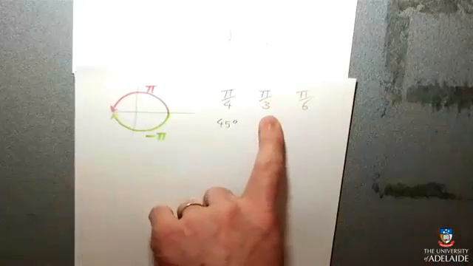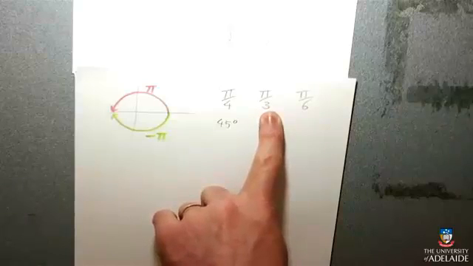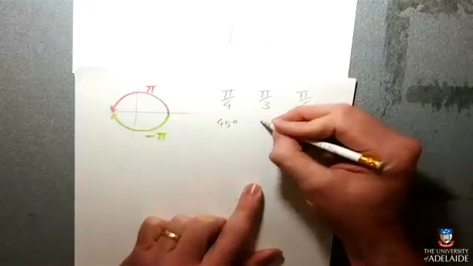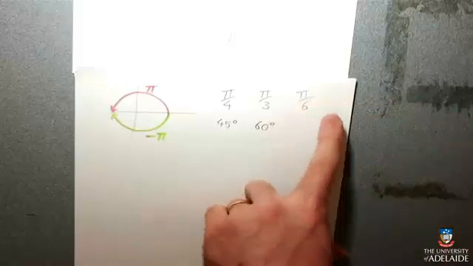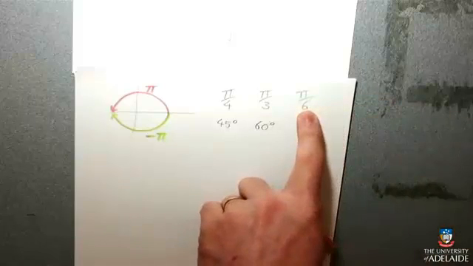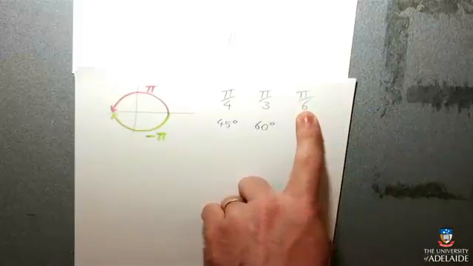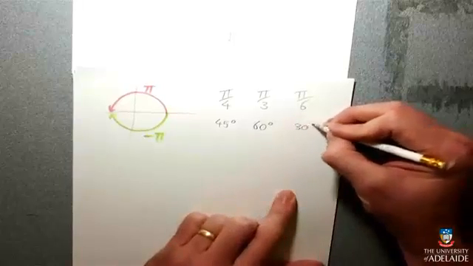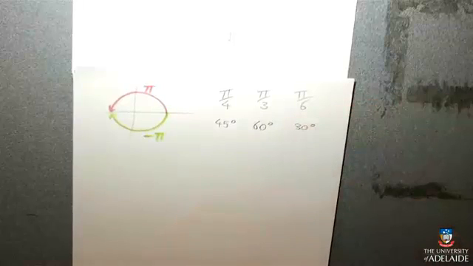Pi is 180, and we want a third of 180, which is 60 degrees. And pi is 180 degrees, and we want a sixth of 180, so a sixth of 18 is 3, so 30 degrees. Once you're doing this for a while, you'll just get used to those, but you can always compare them to the size of 180 degrees to figure out how big they are. And these are your classic angles.